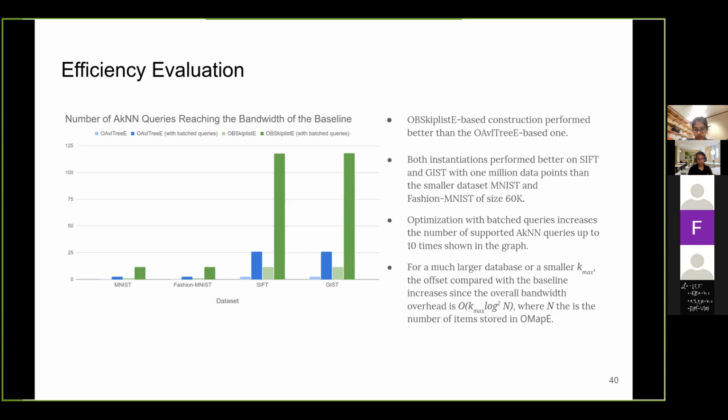If you allow the optimization with batch queries, it will increase the number of supported AKN queries up to 10 times. And for a much larger database or a smaller Kmax, the offset compared with the baseline increases, since the overall bandwidth overhead is O of Kmax times log squared n, where n is an upper bound on the total number of items stored in OMAP.